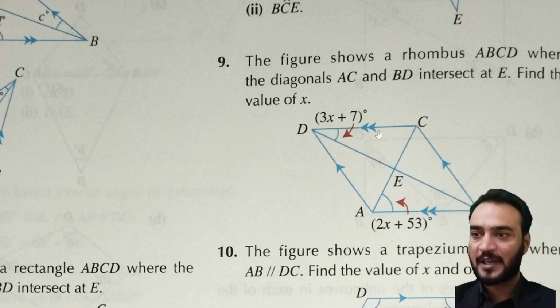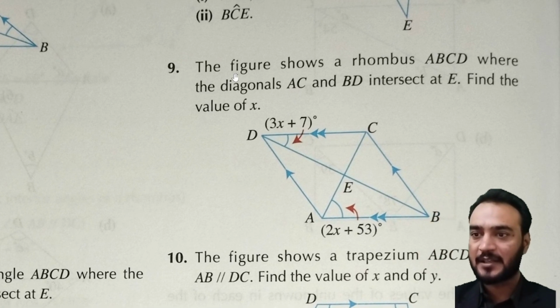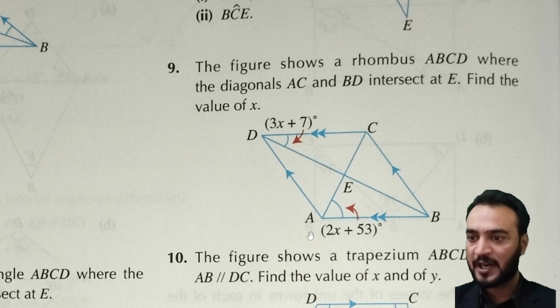This is the question number 9, where it is saying that the figure shows a rhombus ABCD where the diagonals AC and BD intersect at point E. Find the value of x. So this is the rhombus A, B, C, and D, where BC is parallel to AD and AB is parallel to CD.